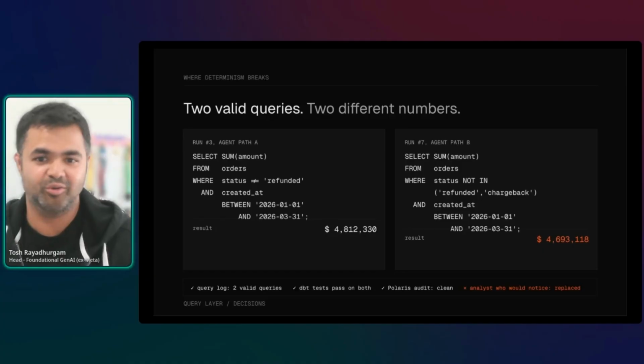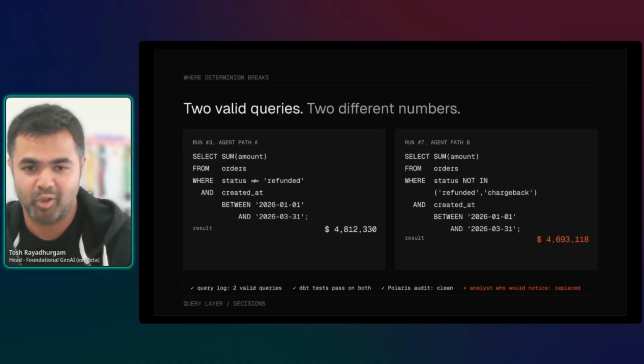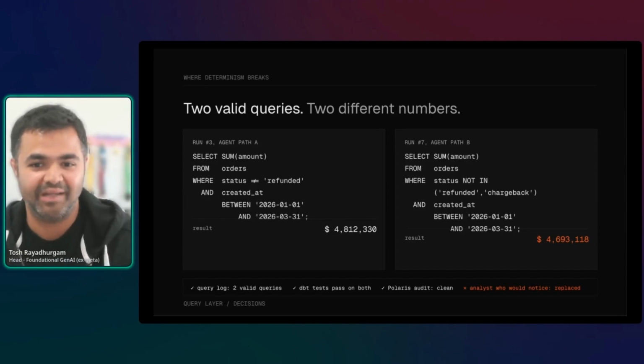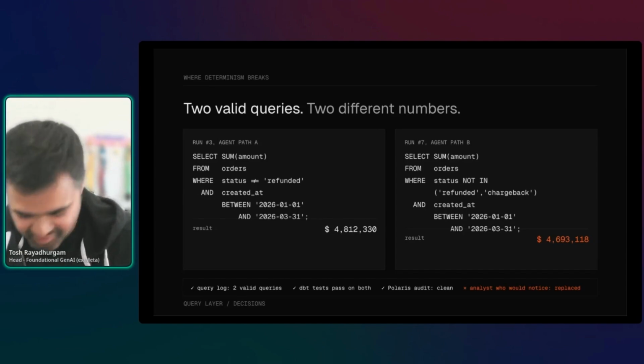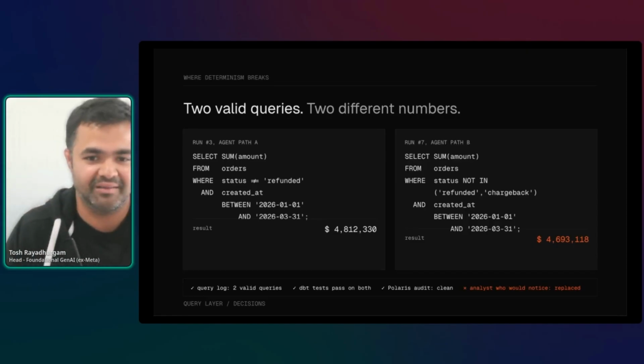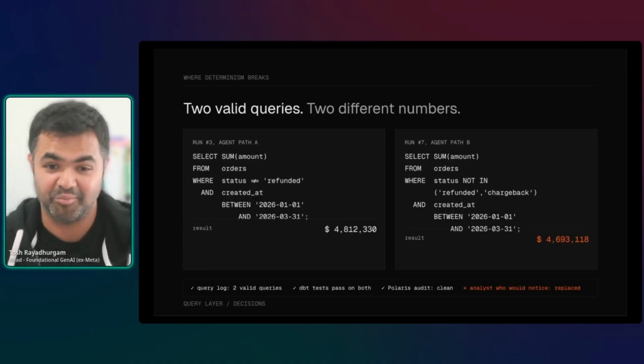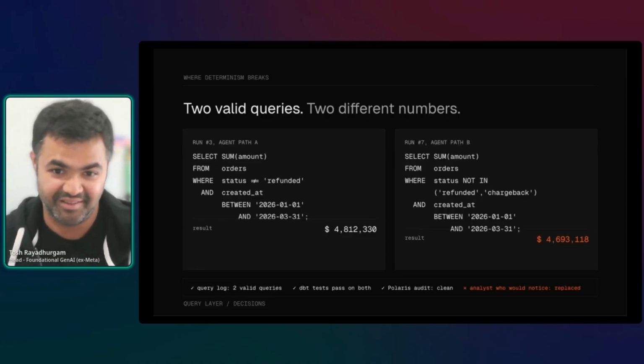None of this actually shows up in your existing tooling or your query log, right? They're two valid SQLs, and they both parse, they both run. Your warehouse cost dashboard, they're two valid bills. Even your dbt tests all pass because both reference real columns and both produce real numbers, right?